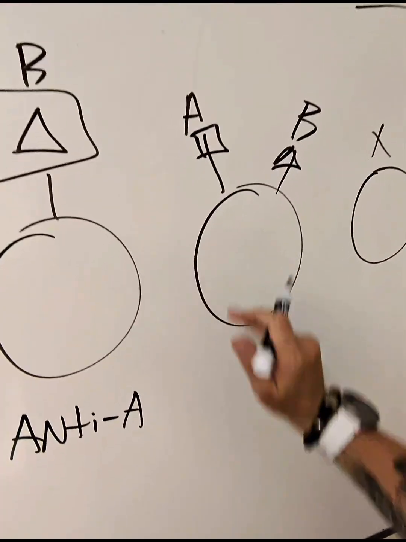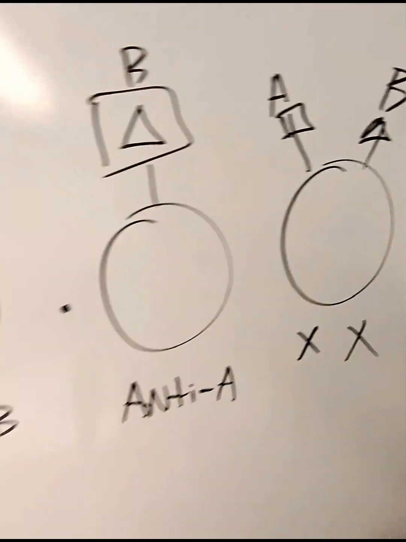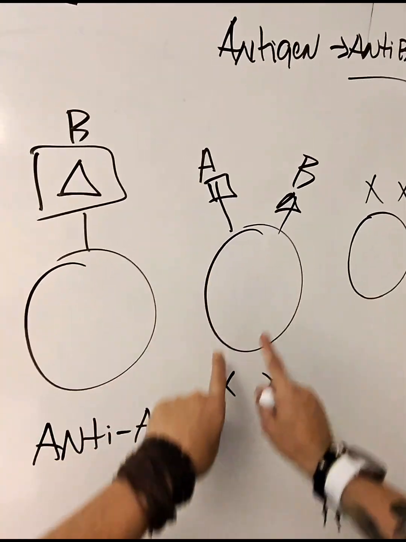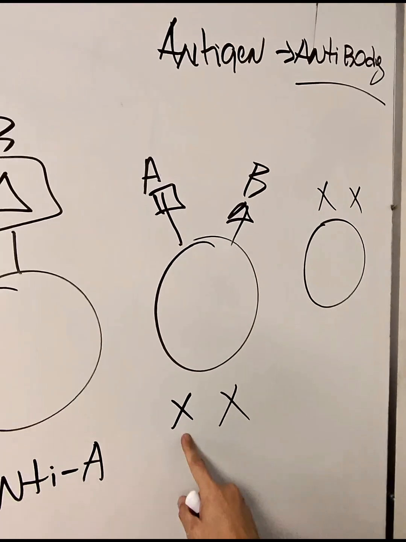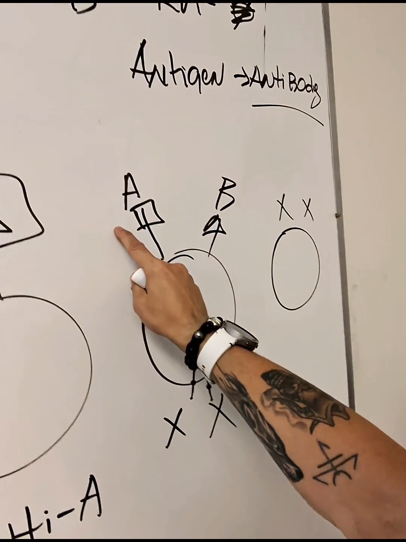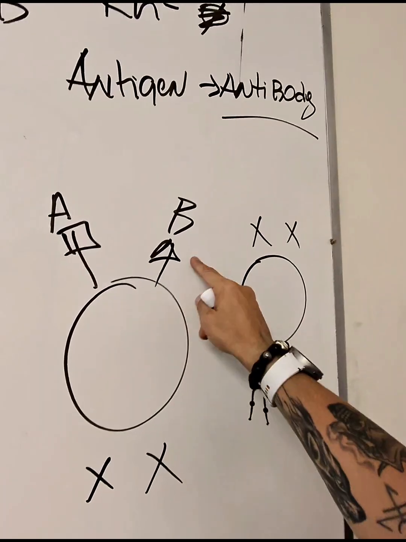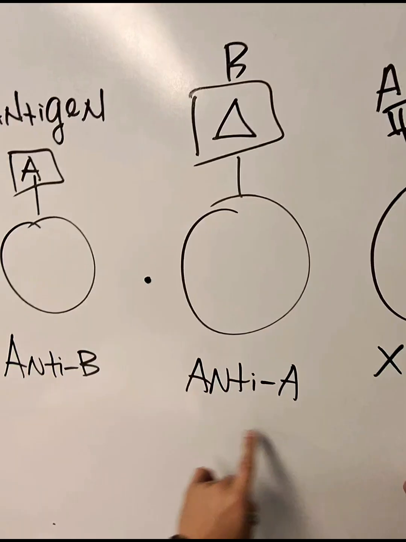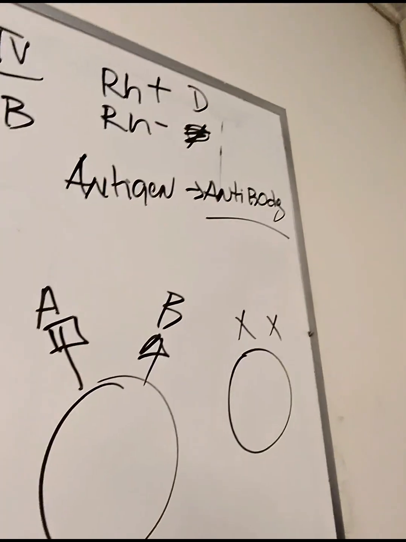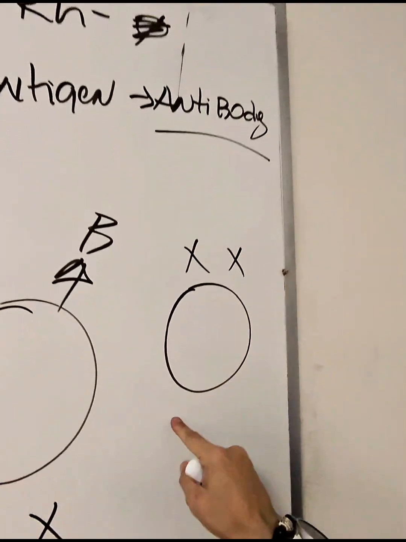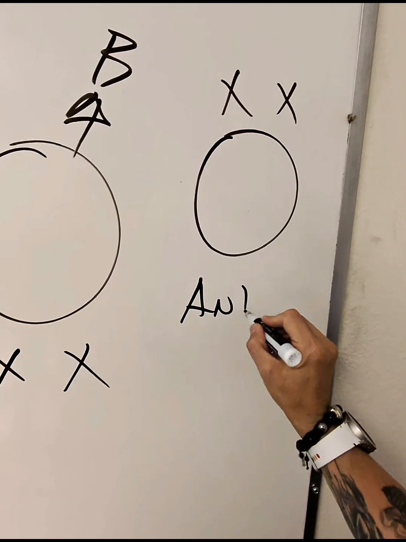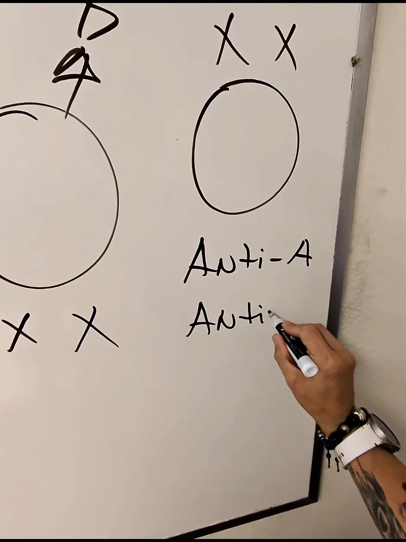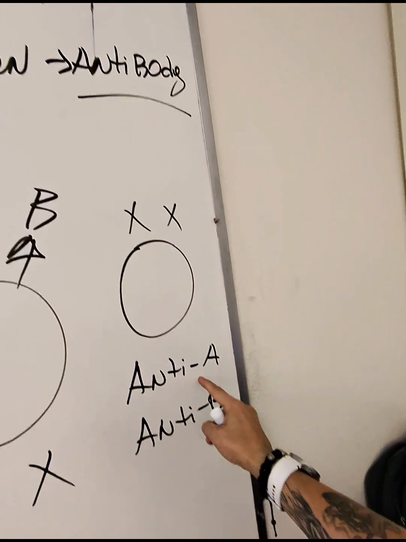Blood type AB does not have any antibodies against these two antigens. You do not have anti-A and you do not have anti-B, because if you had anti-A, you would destroy A, and if you had anti-B, you would destroy B. For that reason, blood type AB does not have antibody A or antibody B. Blood type O has anti-A and anti-B.